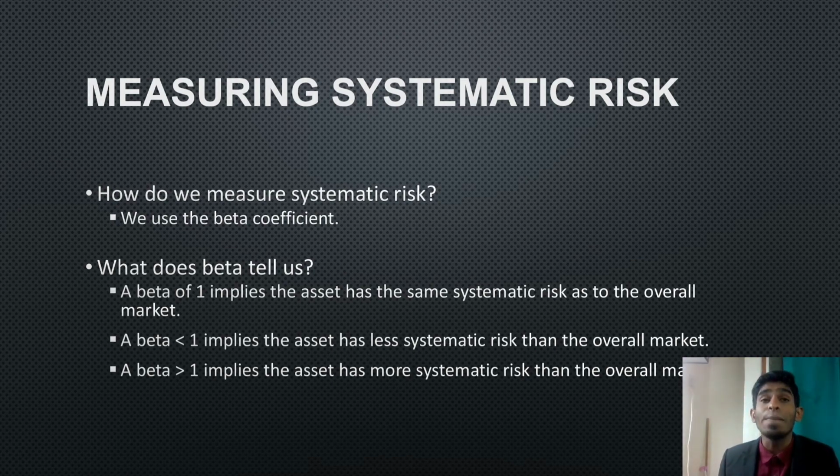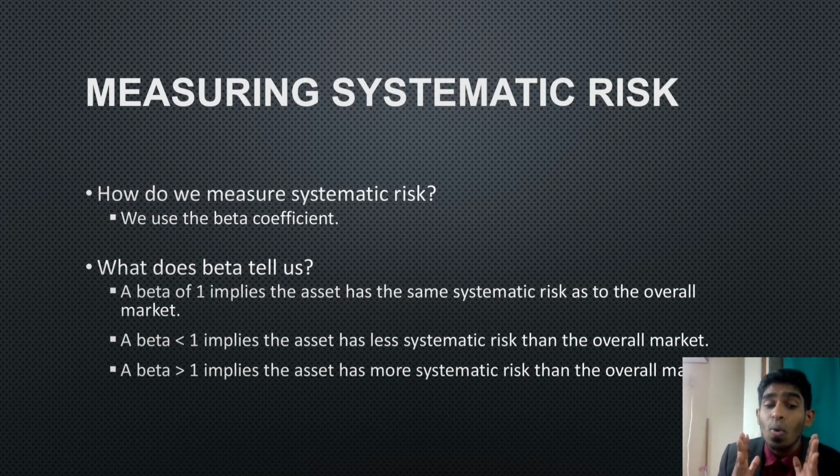Okay, kalau lebih daripada satu, if more than one, what does it mean? If more than one, it means the asset has more systematic risk than the overall market. So maksudnya kalau lebih daripada satu, ia mempunyai aset yang lebih systematic risk than overall market.